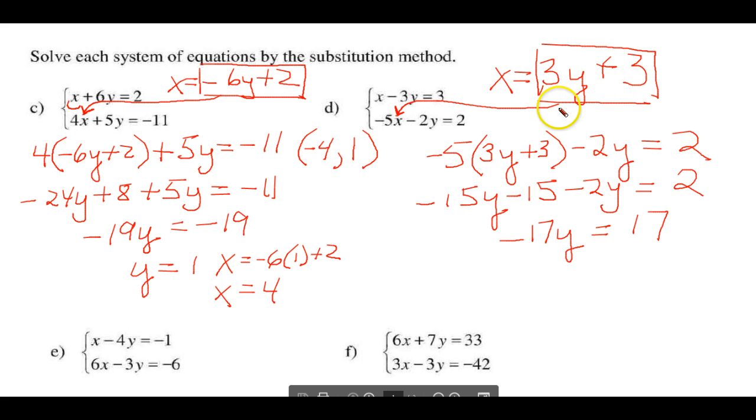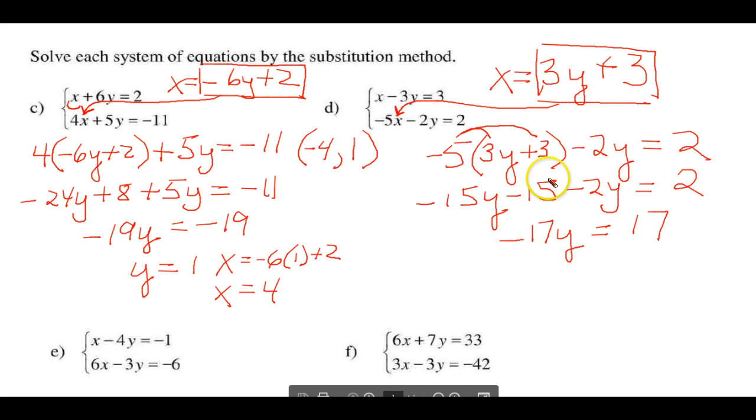So again, we're substituting, and now be careful of the signs as you do the distribution. That's a negative 15y, a negative 15, a negative 2y equals 2. We then group our like terms. We get a negative 17y.